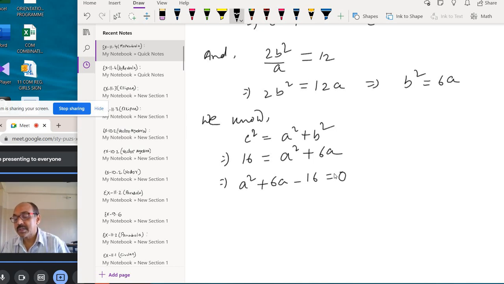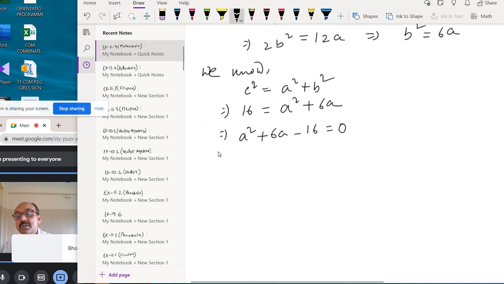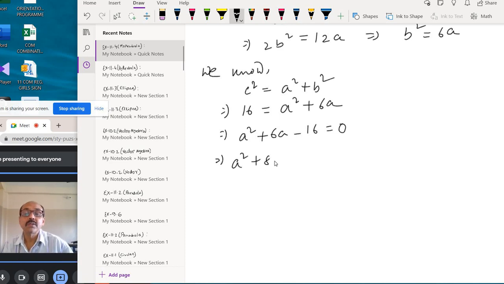Now factor the middle term: 8 into 2 is 16, and 8 minus 2 is 6. So a square plus 8a minus 2a minus 16 equal to 0.